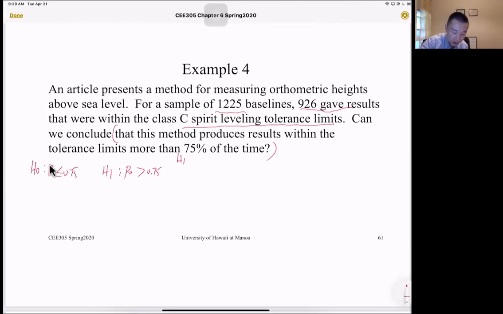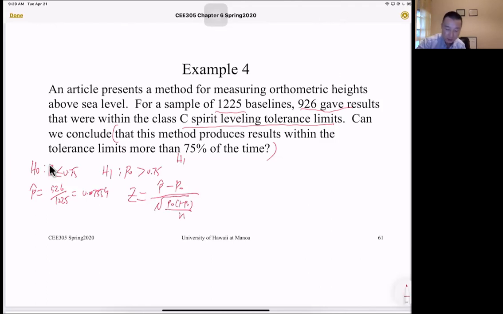The sample proportion from the question is 926 over 1225. So we calculate the z-score based on the equation: the sample proportion minus P0, over the square root of P0 times (1 minus P0) over the sample size.